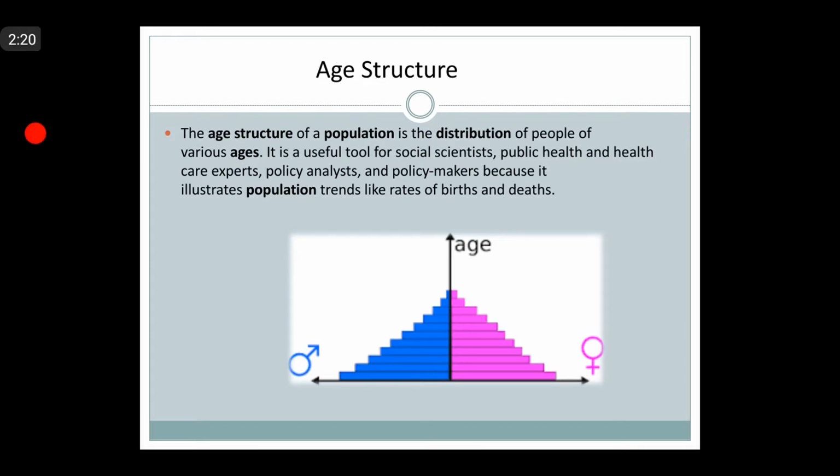It is also a useful tool for social scientists, public health care experts, and policy analysts and policy makers, because it illustrates population trends like birth and death rates.